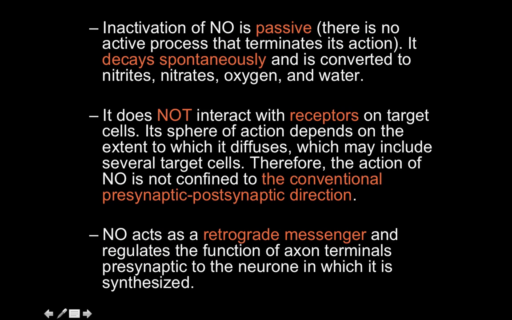So remember I was saying this before, inactivation of nitric oxide is passive. What that means is there is no active process that terminates its action, like for instance with acetylcholine. And I'm always going back to acetylcholine because acetylcholine is the poster boy when it comes to the classical neurotransmitter and how it works.